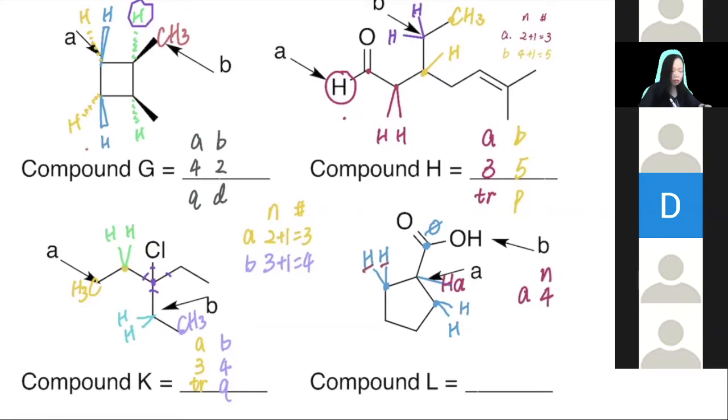According to the n+1 rule, there should be 5. So A, 5 peaks, a pentet. B, my proton B is only bonded to an oxygen. There are no carbon neighbors, which means it's going to be a singlet.